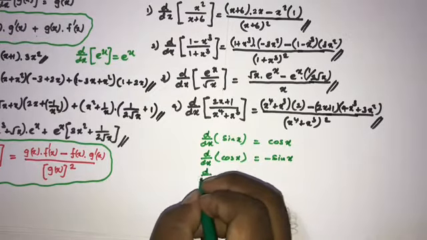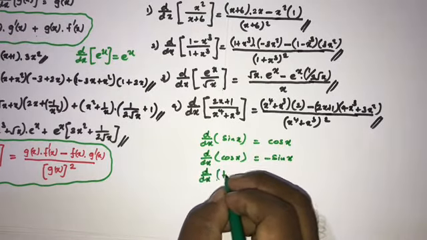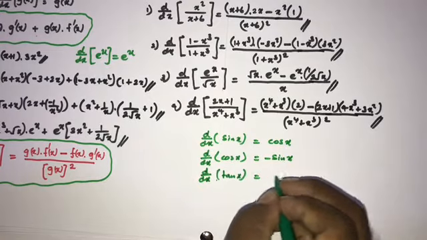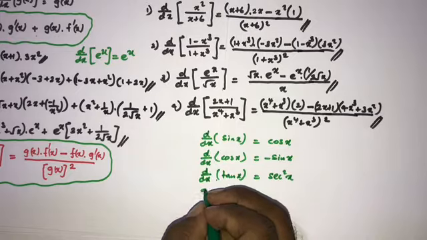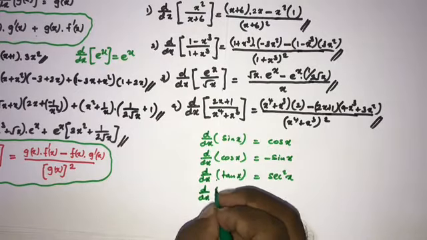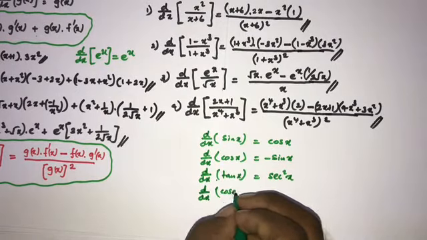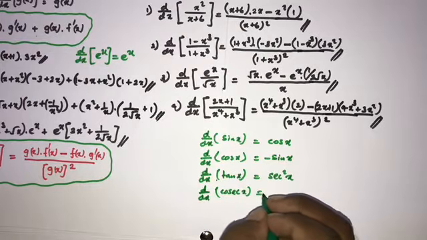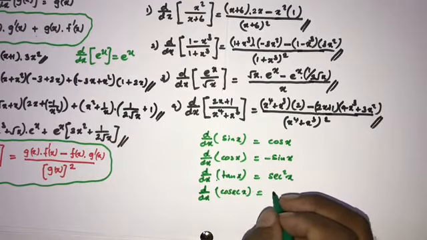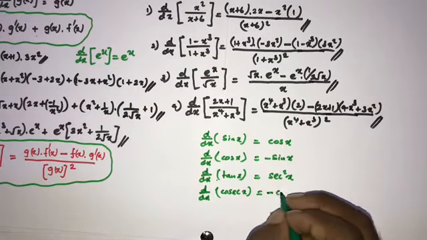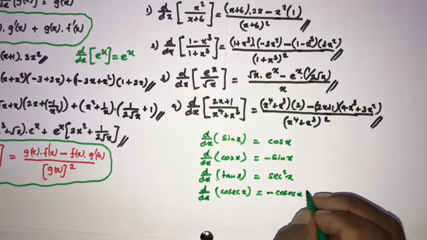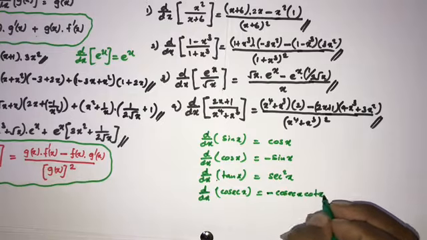The derivative of tangent of x is secant square of x. The derivative of cosecant of x is equal to minus cosecant of x cot of x.